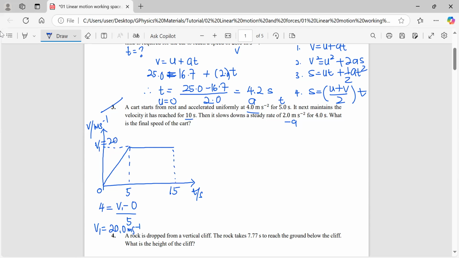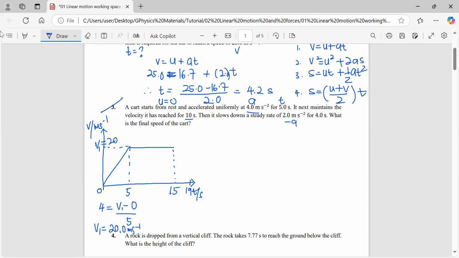After that, it slows down at a steady rate of 2 meters per second squared for 4 seconds. So for 4 seconds, it is going to reach 19.